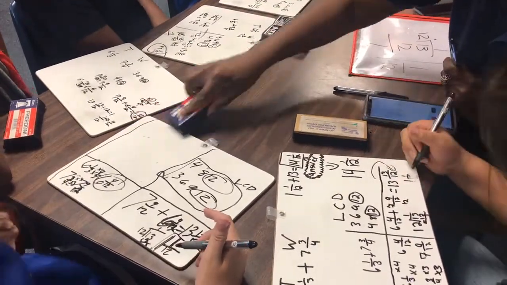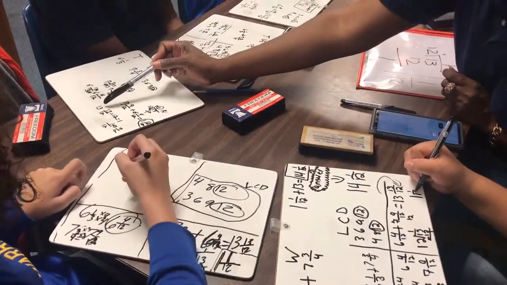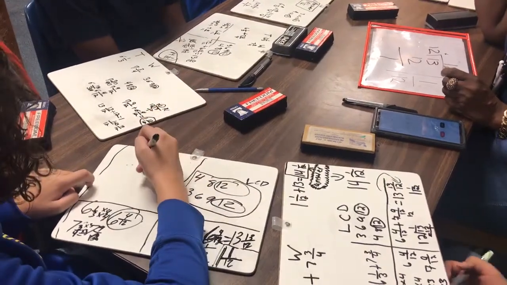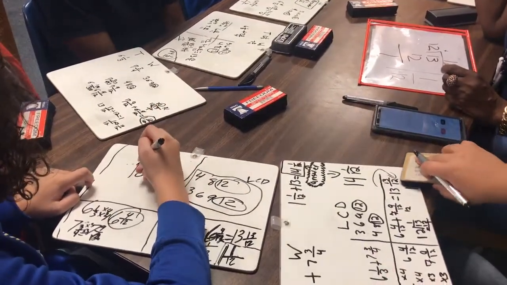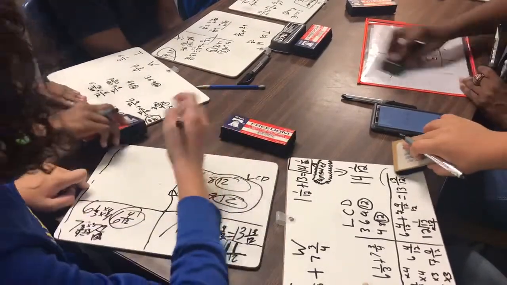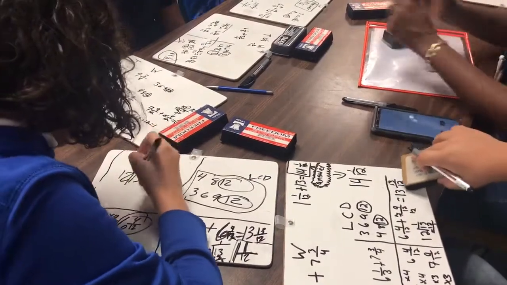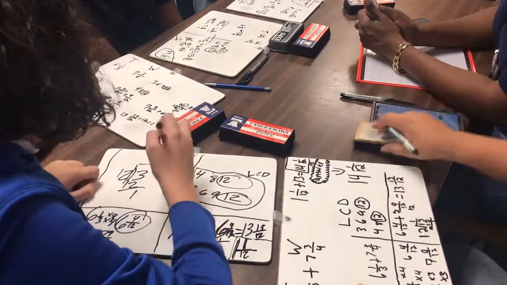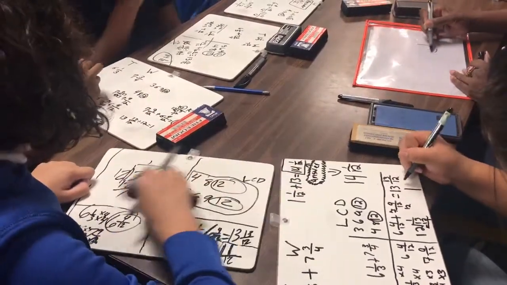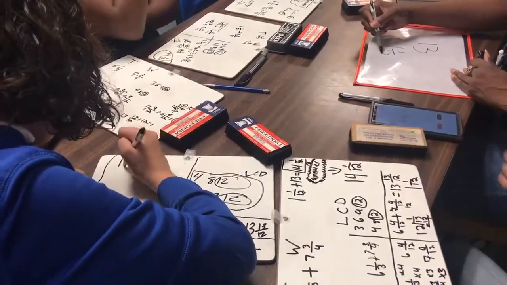Let's see. Add 13 plus 1 and 1/12. Like this, son. 13 plus 1 and 1/12.